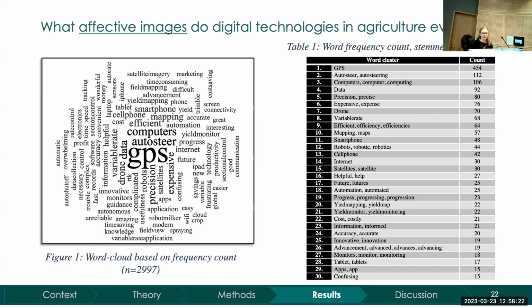So that part surprised me. But yeah, I'll leave it there. The literal responses, it's not usually how it goes, but it made sense for this sample. These farmers are very aware of digital technologies in agriculture.